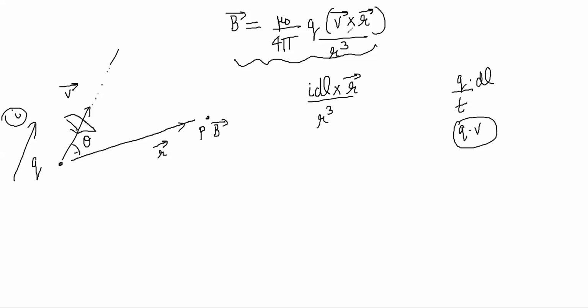That is why Q into V. Are you getting how this version is the same as the previous version? You should agree that the Biot-Savart law, the earlier version that we saw, is the same as this version. This is applicable for a moving charge, not a current flow, just an isolated charged particle which is moving. By dimensional analysis, you can see that it is the same thing.